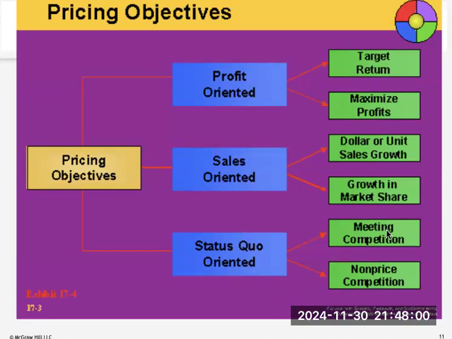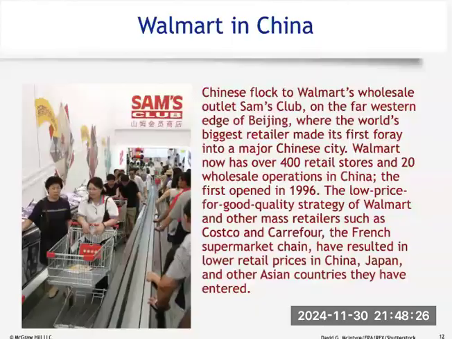So you're going to meet the competition and have non-price competition here. You're not too worried about growing, but you want to make sure you survive. So I want to see in your final project one of these three objectives, and then explain all of these. If you have questions, we'll go over it.